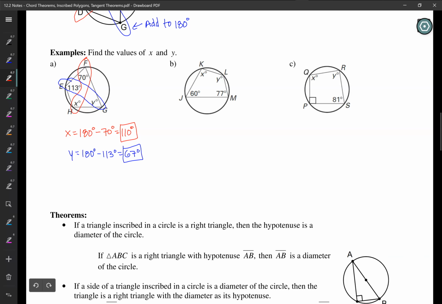All right, here we go on this one. These two add to 180. So x is 180 degrees minus 77 degrees, which is 103 degrees. And y is 180 degrees minus 60 degrees, which is 120 degrees.